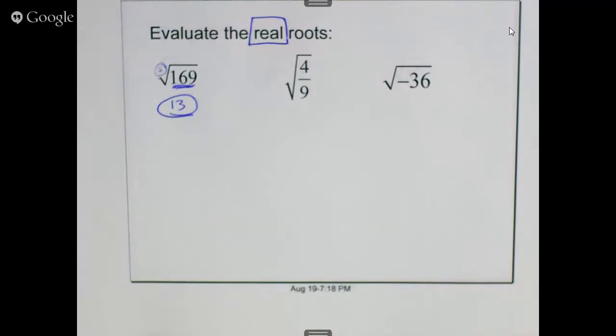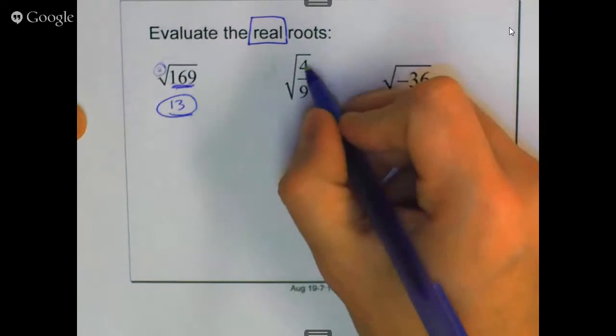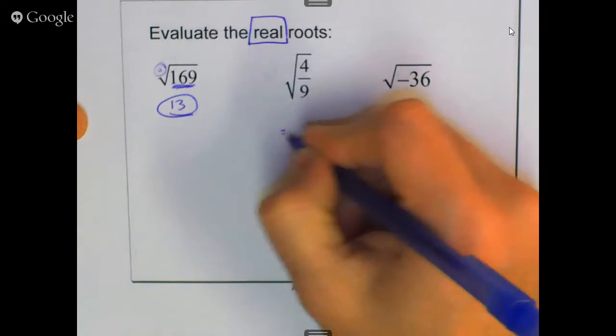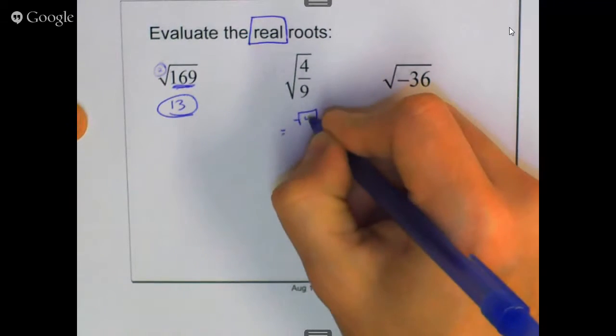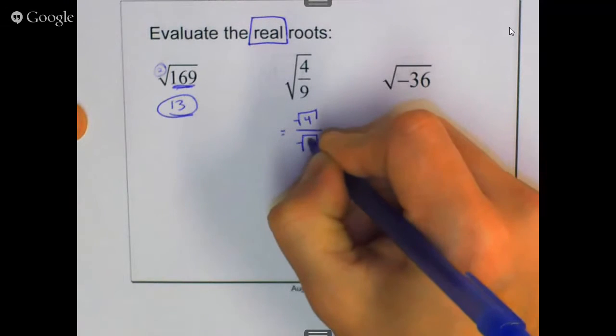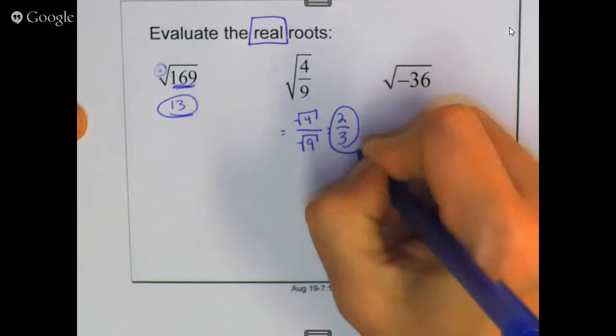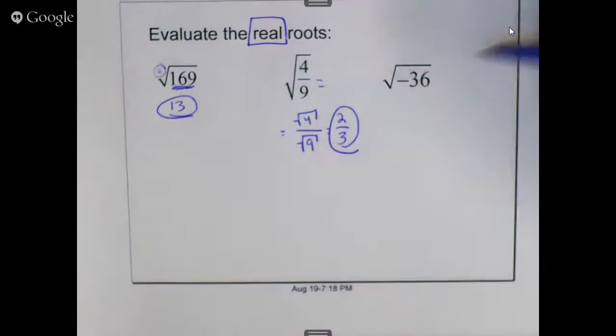That would be 13. Now here I've got division, and we'll talk about this property in a second, but most of you already know that I can take the square root of 4 over the square root of 9. And the square root of 4 is 2, and the square root of 9 is 3. Okay, so this is 2/3.